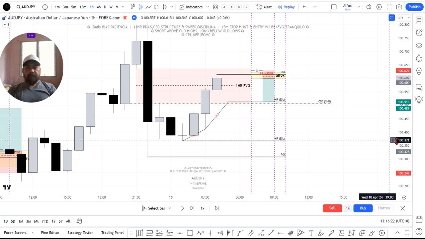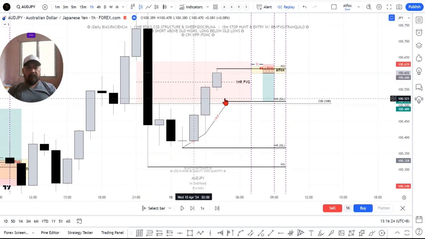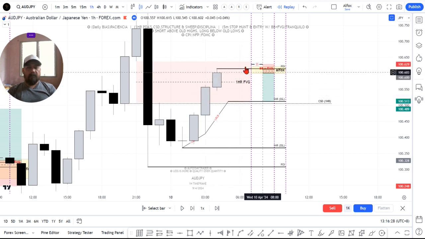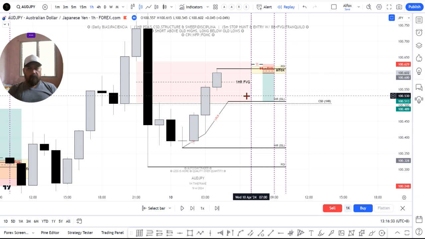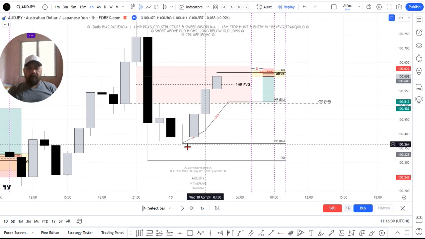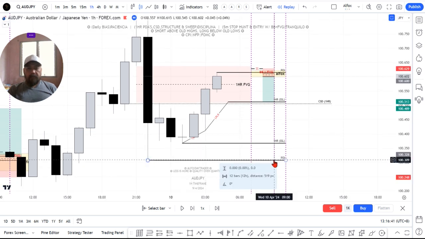So now, I also mark this 1 hour fair value gap, which is also our point of interest because it's a higher time frame PDA. So now that I have this, I mark this as my 1 hour sell side liquidity here.